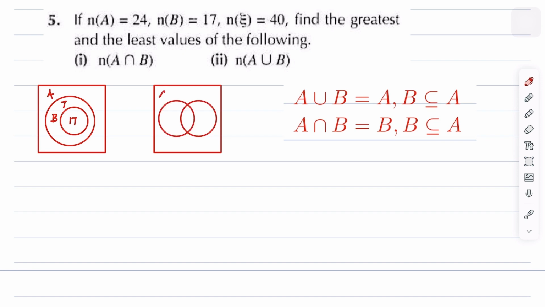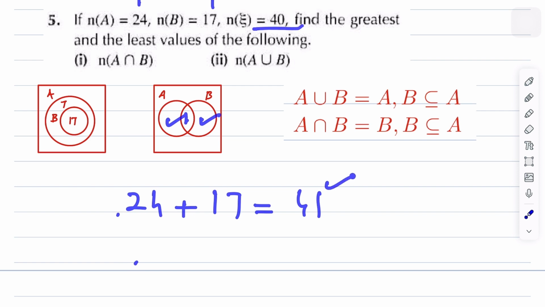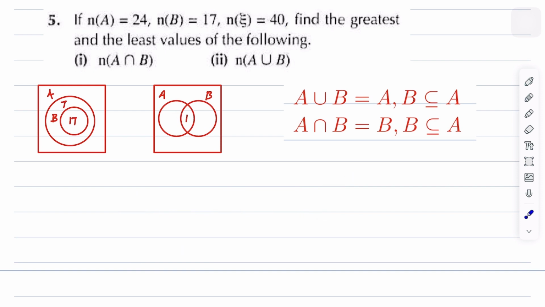The second possibility is A and B overlapping. When you add these two numbers of elements together, 24 plus 17 gives you 41. That means there is at least one element which is common between these two sets, because this sum can never be greater than the number of elements in the universal set. Whenever you add these two numbers together, and that sum is greater than the universal set, then definitely a few elements are common in these two sets.